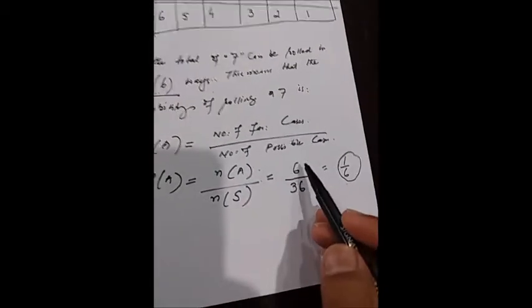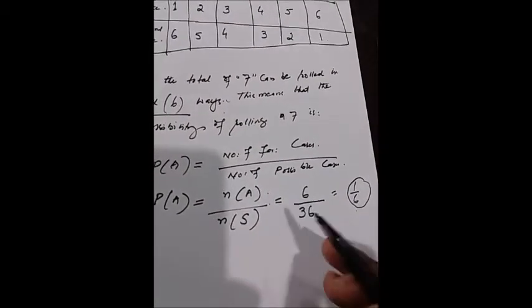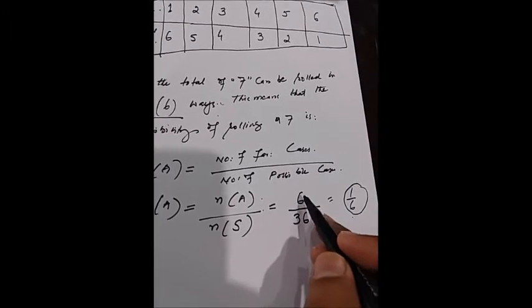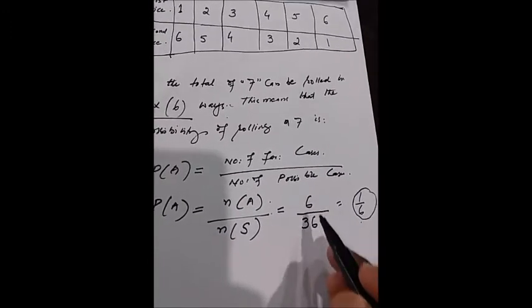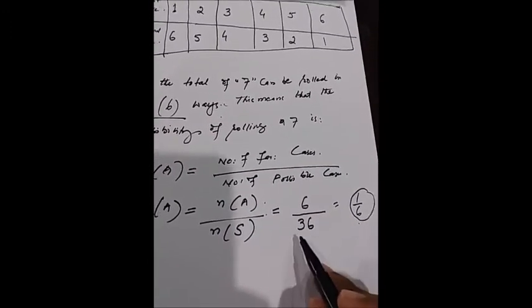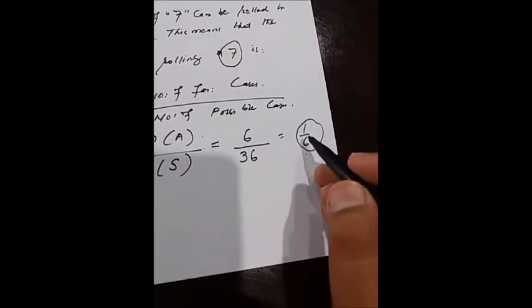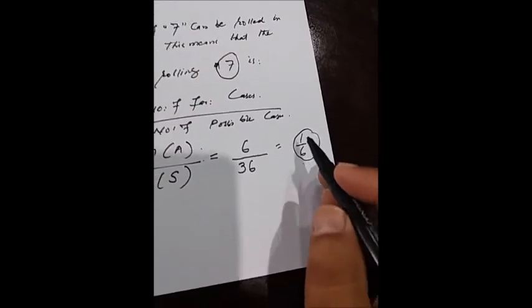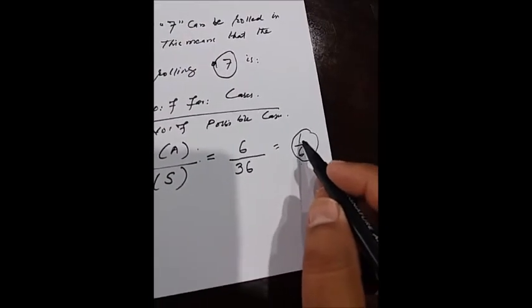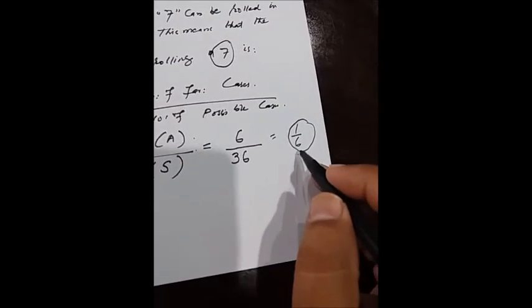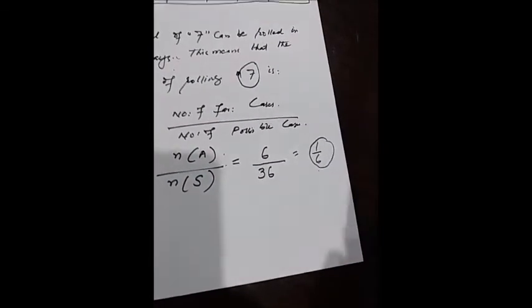So the conclusion is that there are 6 ways from the 36 possible outcomes whose sum is 7. There is one way from each row of the 6 whose sum is 7.